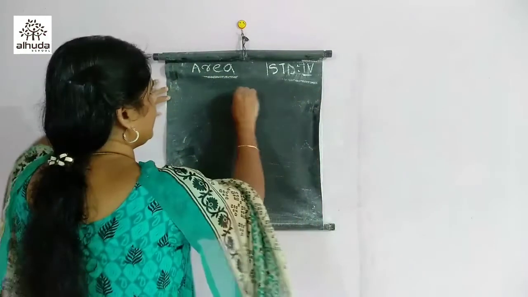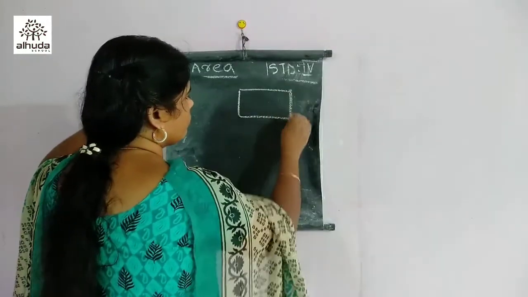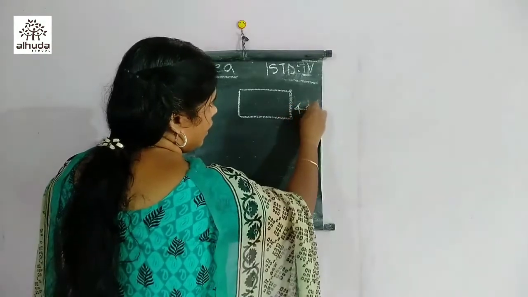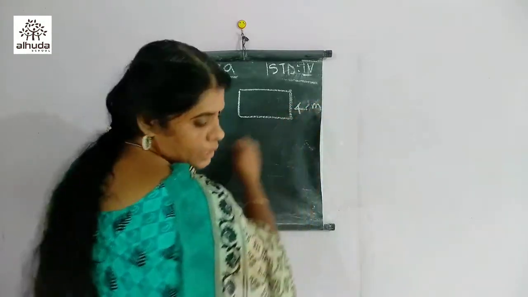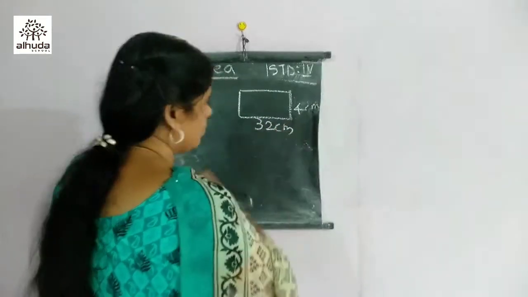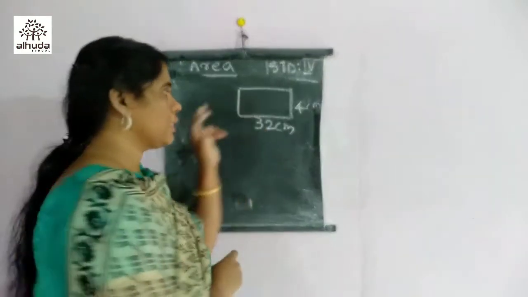One figure is given, with breadth 4 centimeter and length 32 centimeter. Find the area of this rectangle.